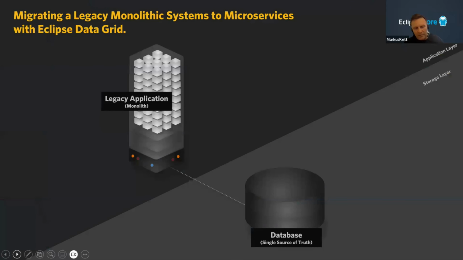Okay, so this can also be, of course, used for migrating from a monolithic system to microservices. Maybe you're planning such a migration project. Maybe you just want to replace your database. In most cases, you cannot build a new application for 2 years.